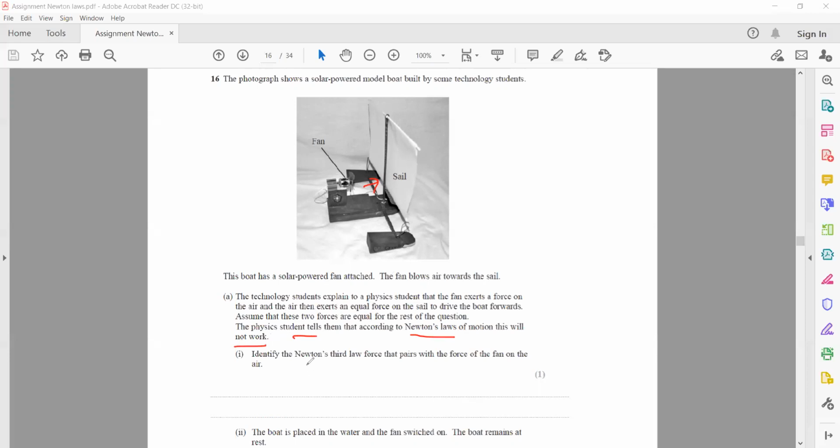Identify the Newton's third law pair force with the force of the fan on the air. So if the force is the fan on the air, what will be the Newton pair force? The Newton pair force will be the force of air on the fan.